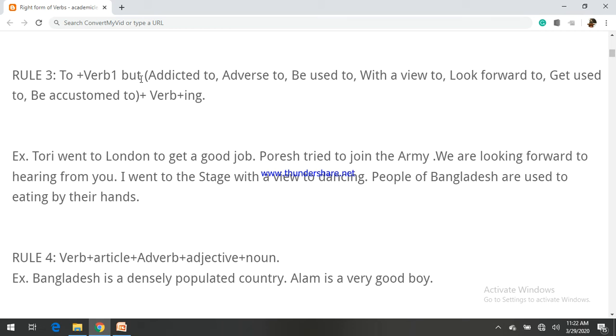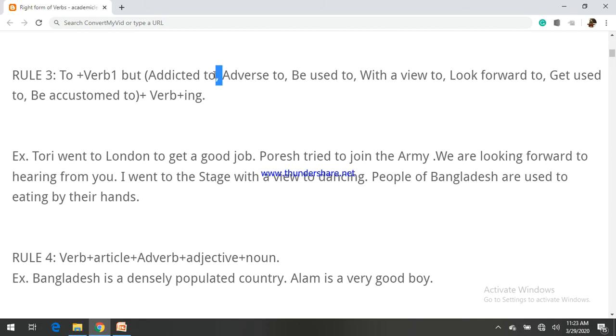But there is a condition also. After these words which are inside the bracket: addicted to, adverse to, be used to, with a view to, look forward to, get used to, be accustomed to. These words are called phrases in English grammar. After these phrases, I mean the words inside the bracket, we have to add verb plus ing.